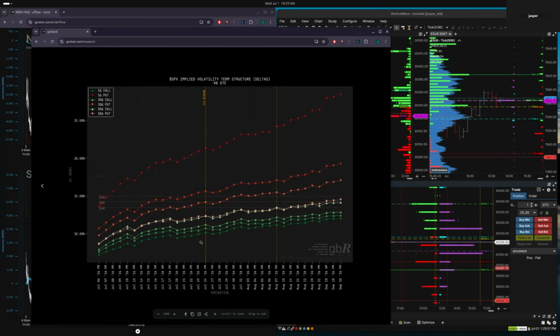I think the word normal has a little bit of baggage to it, but I would call it a normal regime, right? Now, if this were flipped, where call skew, by which I mean OTM or 30 delta calls, if those are for some reason lifted, right? So if you think about... wait, actually I have a better one.